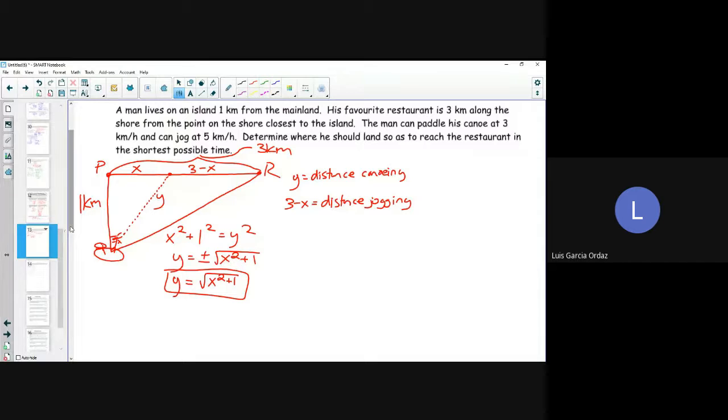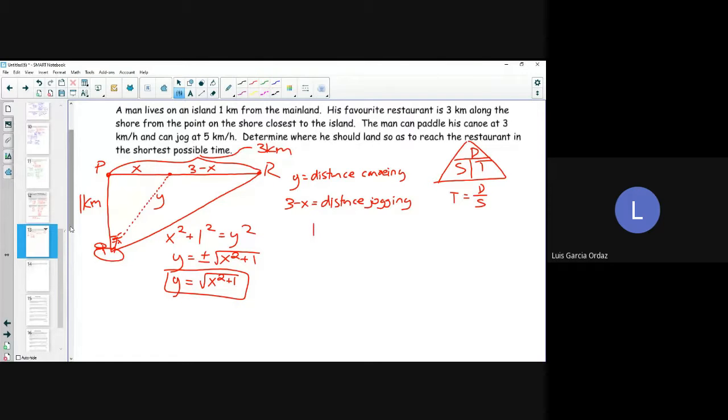So if you guys have taken physics, we know that distance is equal to speed multiplied by time. So I have my little triangle over here. So d is equal to s times t, or we're solving for time, so time is equal to distance divided by speed.